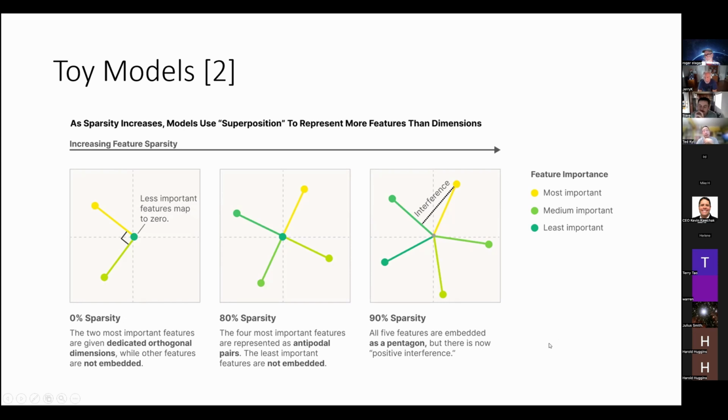And so what ends up happening is we know from sparse coding that we can, with high probability, recover all of these different concepts as long as the sparsity is very high and the co-occurrence rate is extremely low.